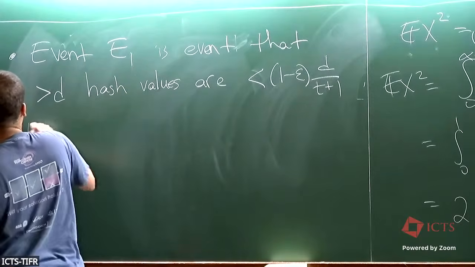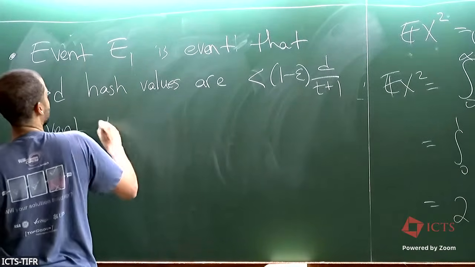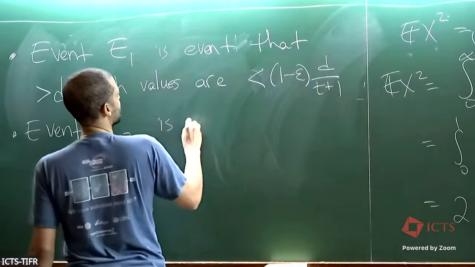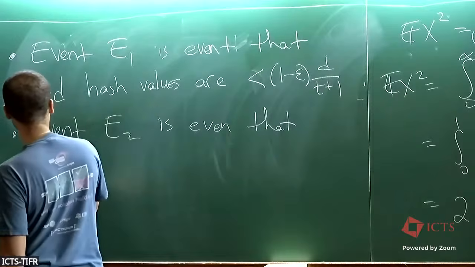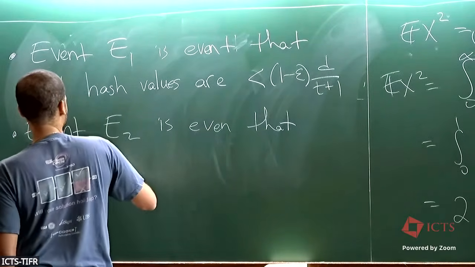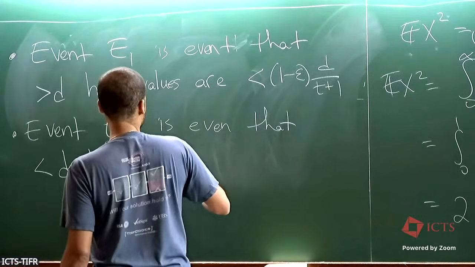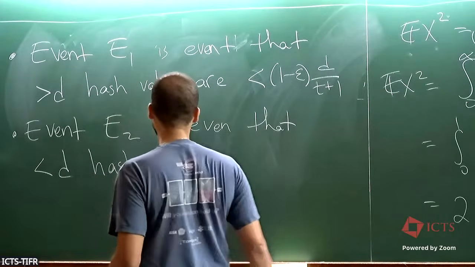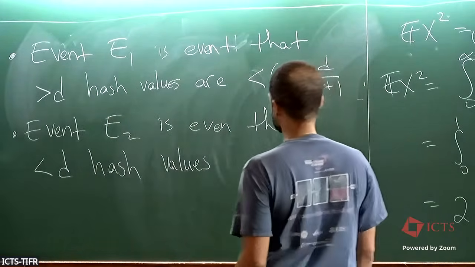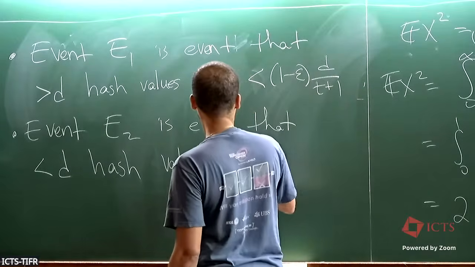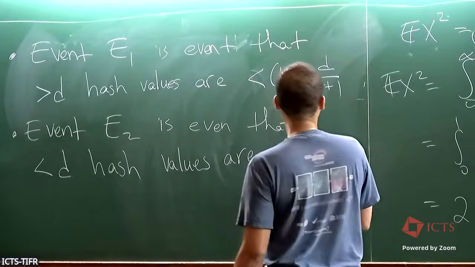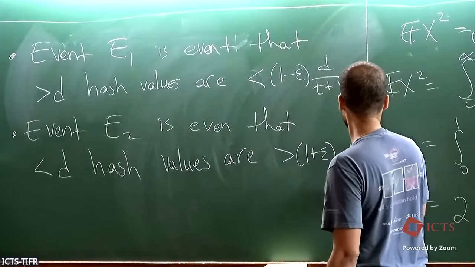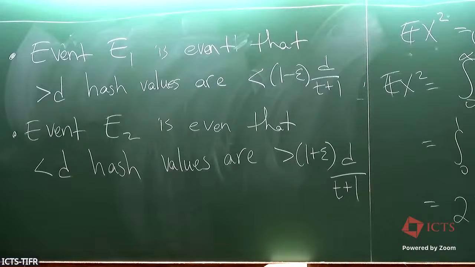And let event E2 be the event that less than d hash values are bigger than 1 plus epsilon times d over t plus 1.